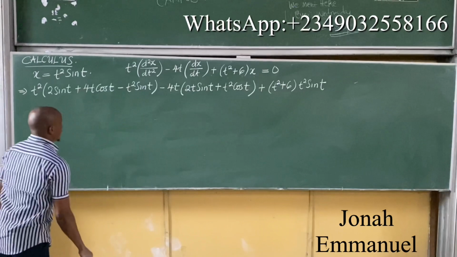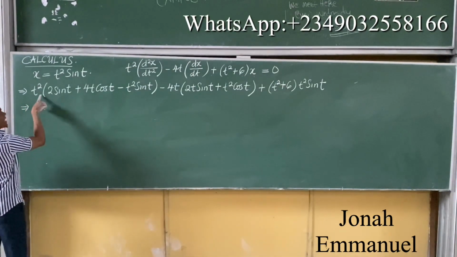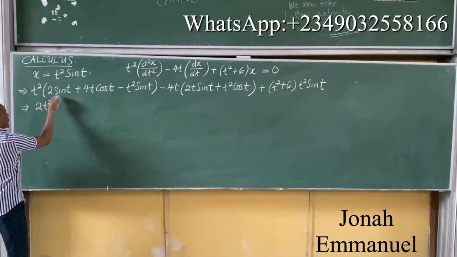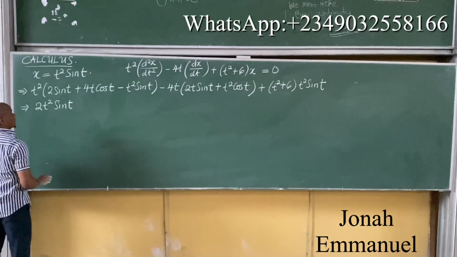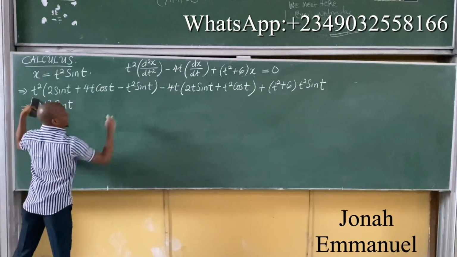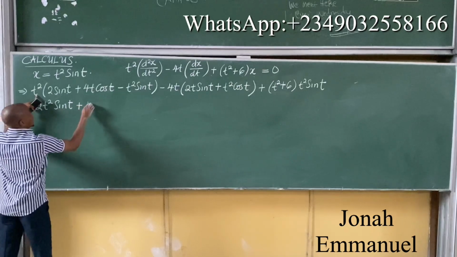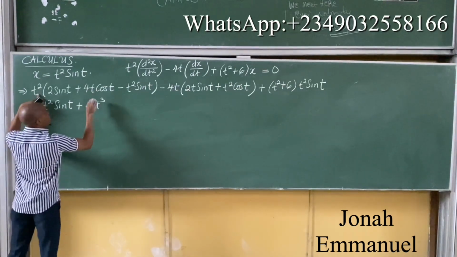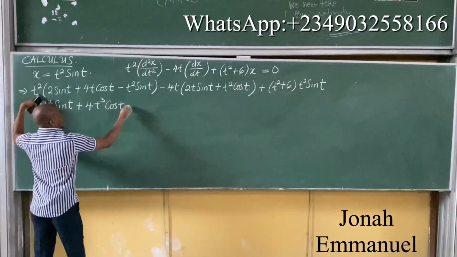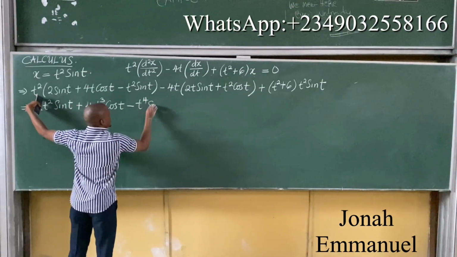Let's expand this. t² times this gives 2t² sin t, plus 4t³ cos t, minus t⁴ sin t.